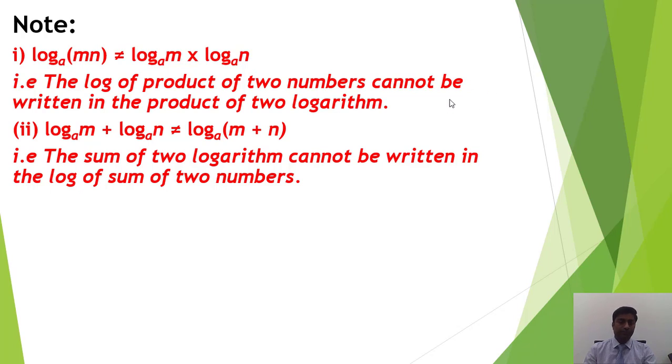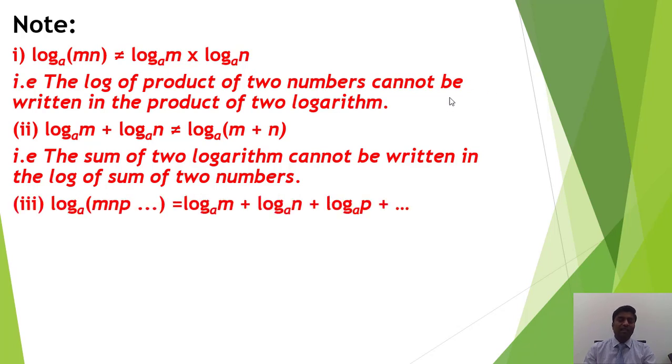The third note is log m, n, p and so on to the base a is equal to log m to the base a plus log n to the base a plus log p to the base a plus so on.